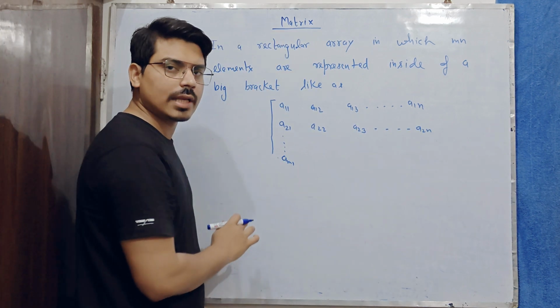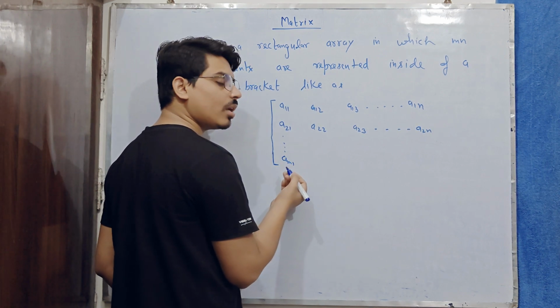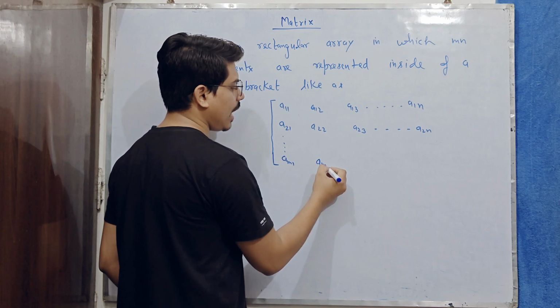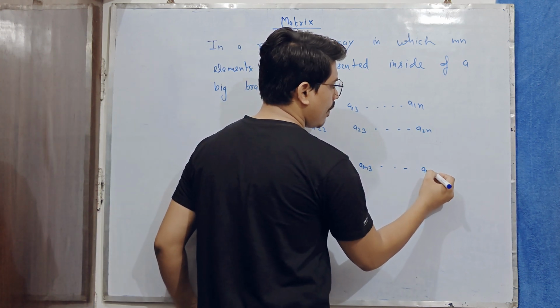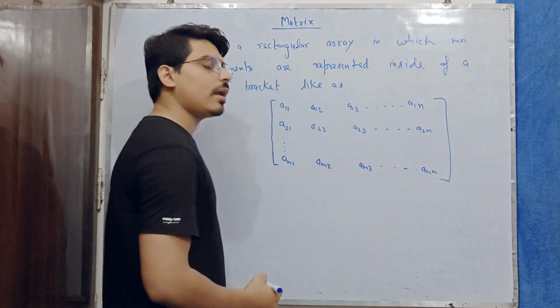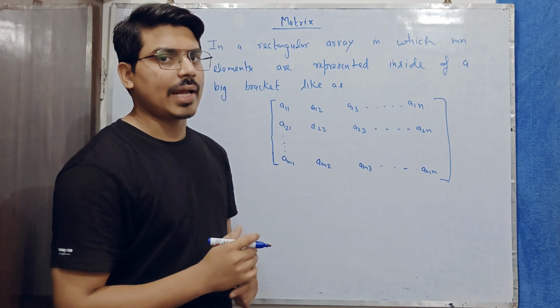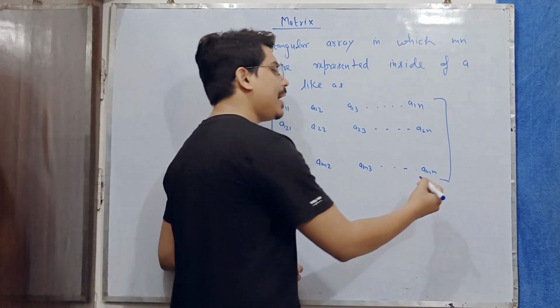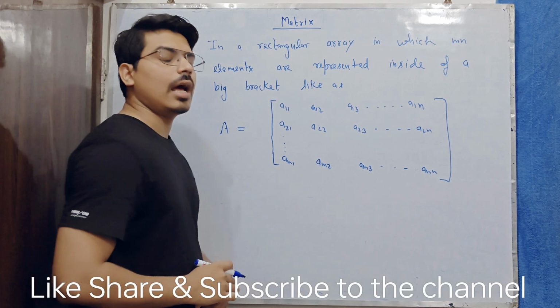If your last row is m, then you can write here am1 am2 am3 up to amn. This is a rectangular array in which I represent mn elements.